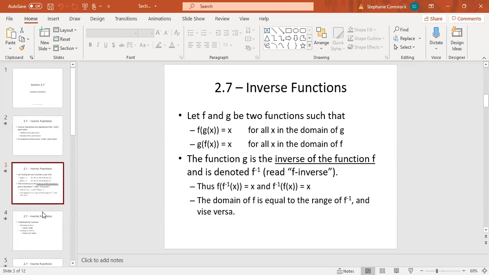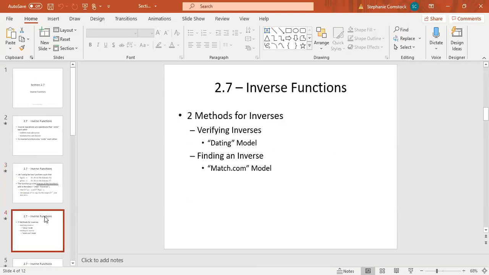Now when we're talking about finding inverses, there are two ways that we're going to do this. One of them is called verifying inverses, and this is what I call the dating method. They're going to give us a couple of equations, we're going to send them out on a date, and we're going to see what happens.